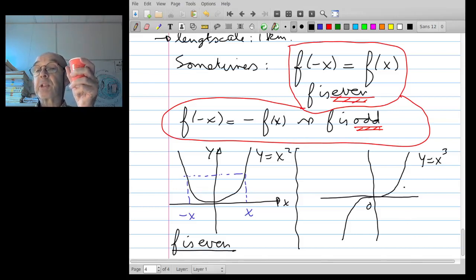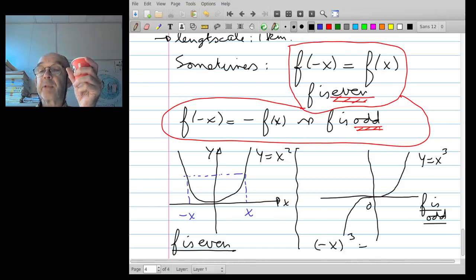This one is odd. And you know minus x to the power 3 is equal to minus x to the power 3.